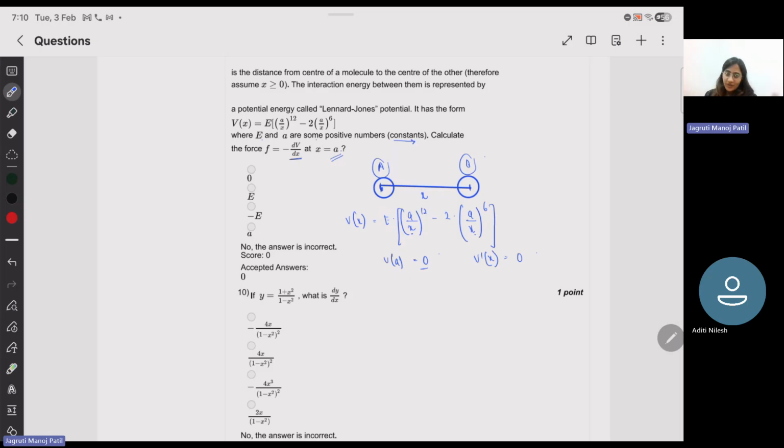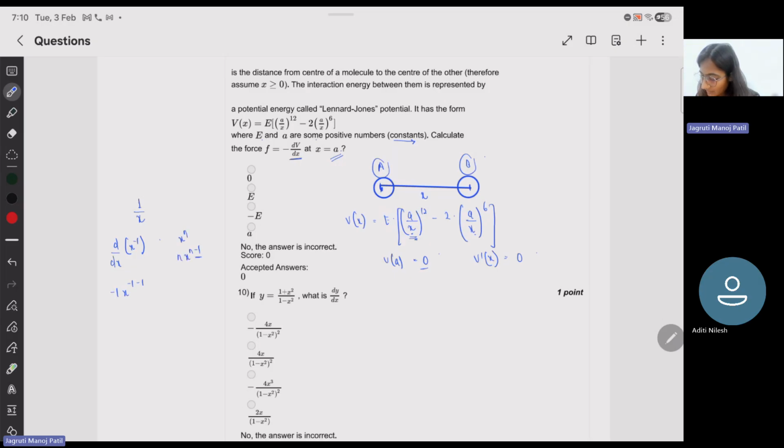Now, when we had to differentiate it and we didn't know this, what would we do? You have this 1 by x here, right? If you differentiate 1 by x, how would you do it? It would be x raised to minus 1, so that would be minus 1 times x raised to minus 1 minus 1, similar to x raised to n becoming n x raised to n minus 1.